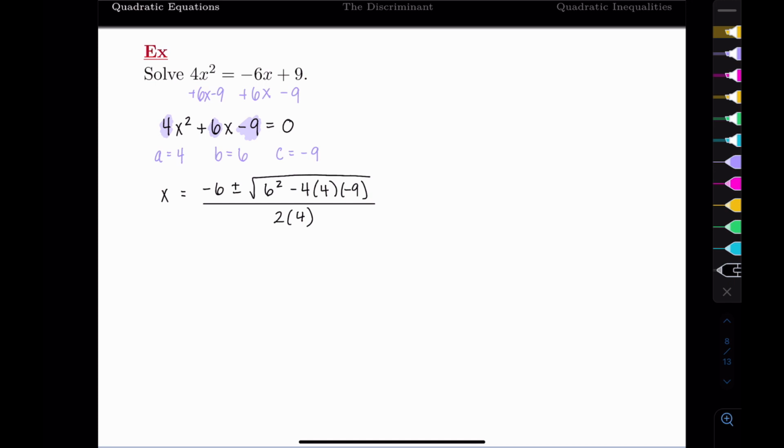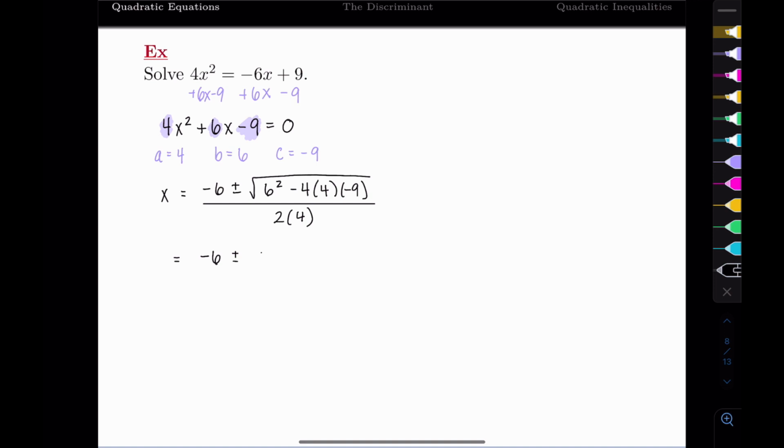If you've tried to factor and factor and factor and nothing is working, you probably have to use the quadratic formula. Or if you really hate factoring, you can use this approach to figure out the solutions. From here, it's a matter of simplifying as much as we possibly can.